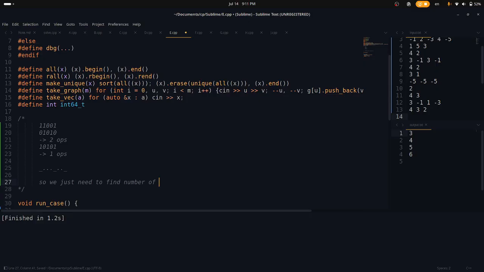where we need to do operations. How can we find that?